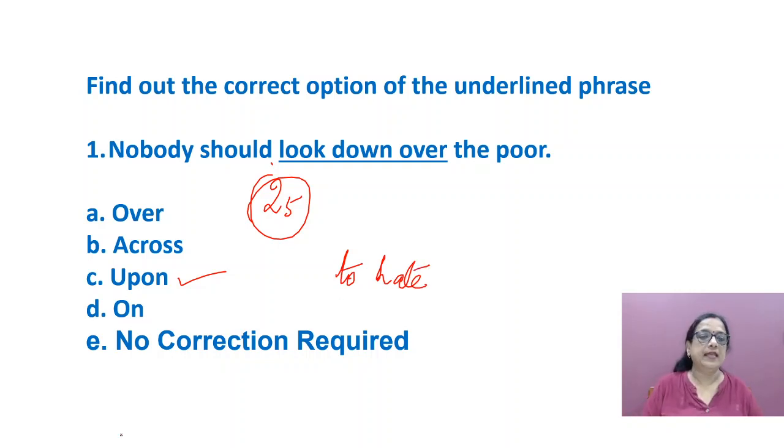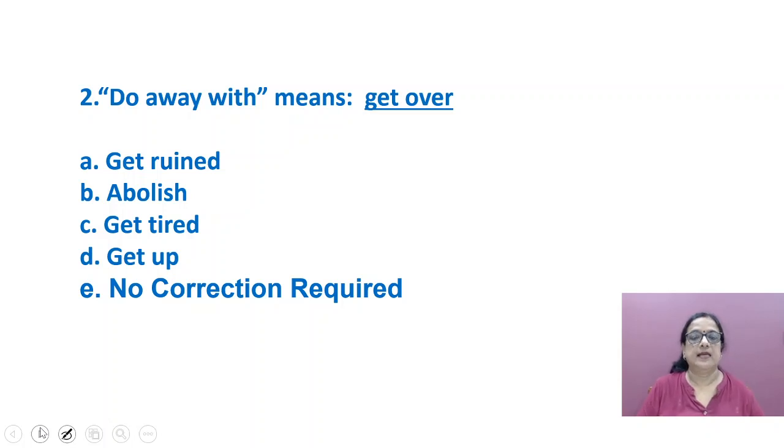Okay. Next sentence. Now, what does the phrase 'do away with' mean? Get over, get ruined, abolish, get tired, get up, or no correction required.